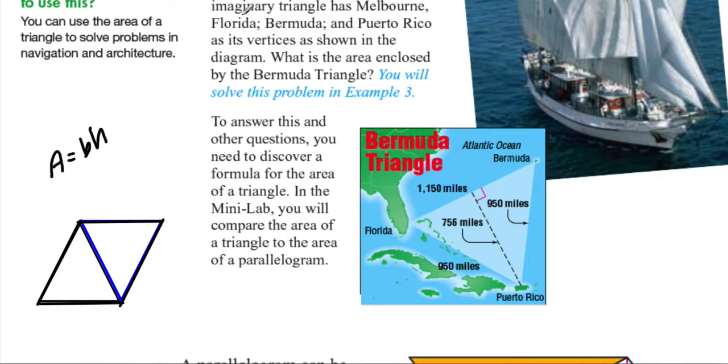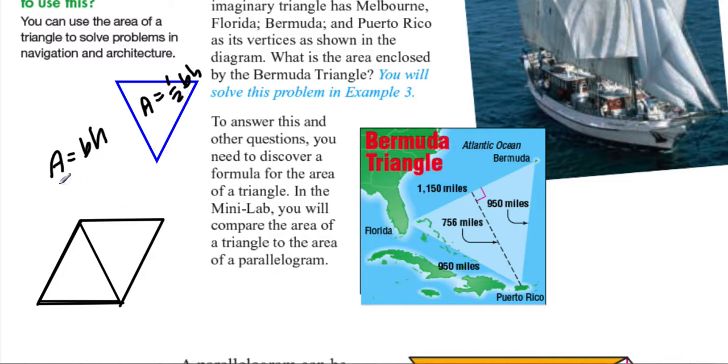If I take out one of the triangles in my parallelogram, the blue triangle, the area left will be 1/2 the area of the parallelogram. So the area of my triangle will be equal to 1/2 the area of my parallelogram, or 1/2 times the base and the height. And that's how you find the area of a triangle.